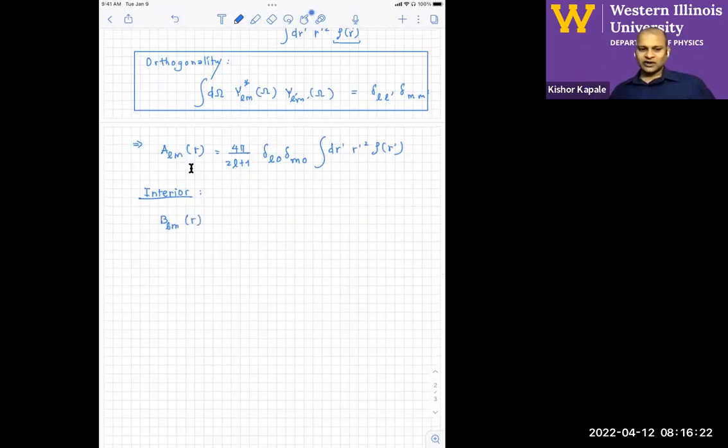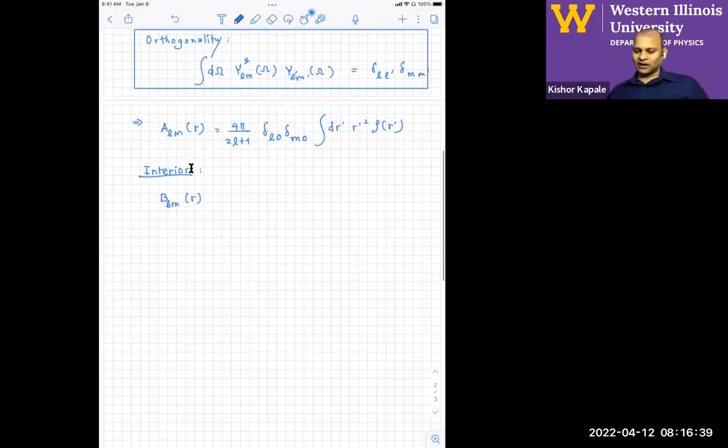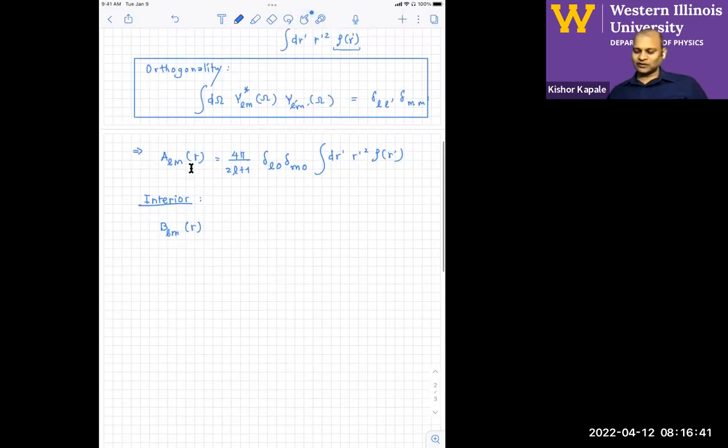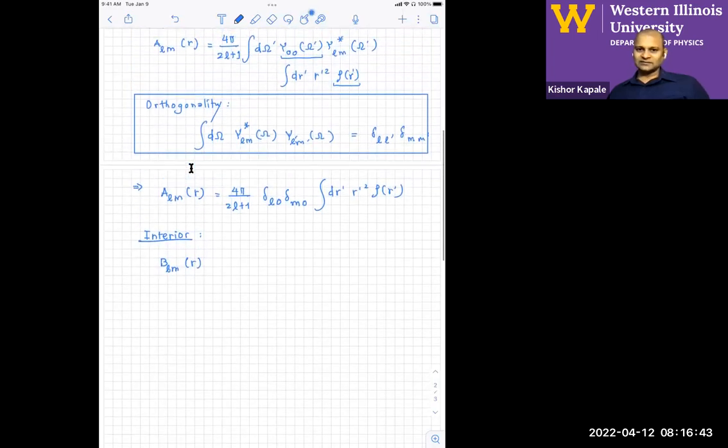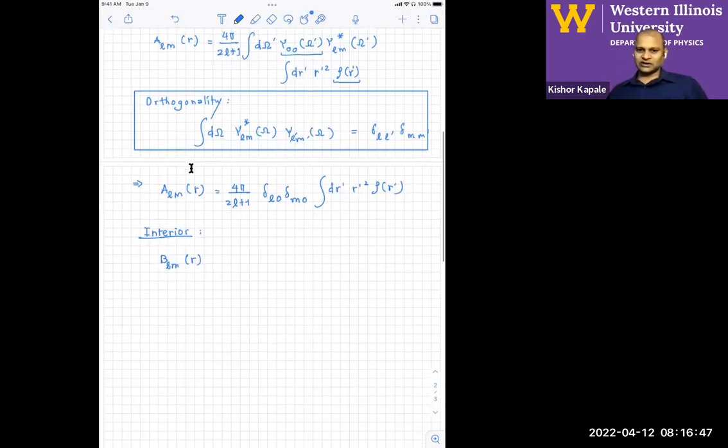The spherical symmetry of the charge distribution has to be mimicked by the ALMs and BLMs, and that mimicking is guaranteed by the orthogonality relation. Only the terms that overlap would be non-zero, right? And the only thing that overlaps with YLMs in this case is when L and M are 0, because you have a completely symmetric charge distribution.